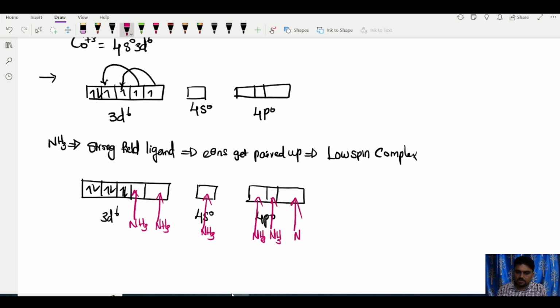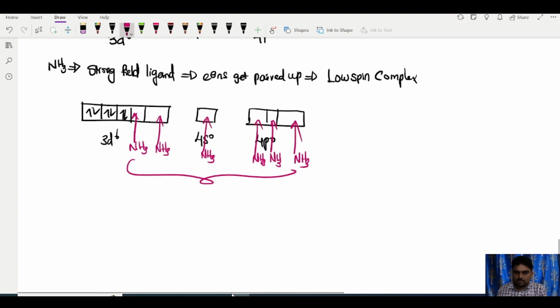So which hybridization are we going to get, students? Here d2sp3 hybridization we get. So is it an inner orbital or outer orbital complex? The valence shell is the 4th shell, but we are taking the d orbitals from the 3rd shell, so it is an inner orbital complex.